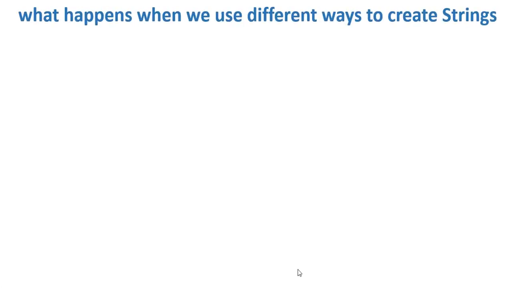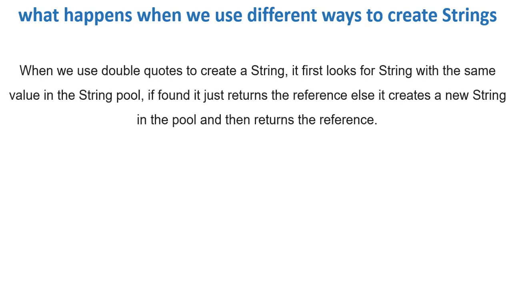We now know what heap memory is, but our topic is string pool. Don't forget our topic, string pool. What happens when we use different ways to create strings? There are several ways of creating strings in Java. So let's go through.